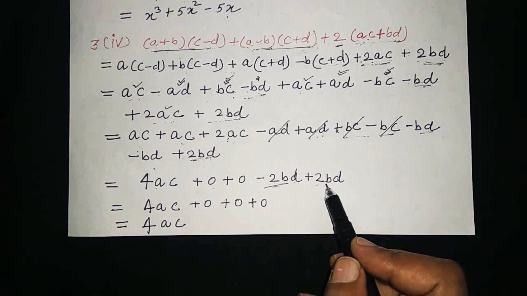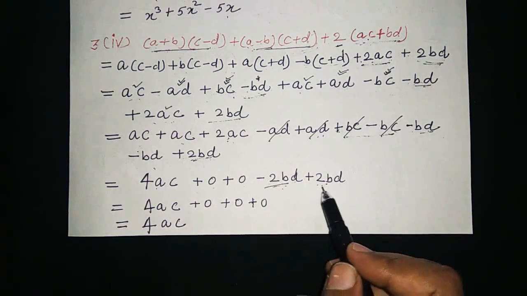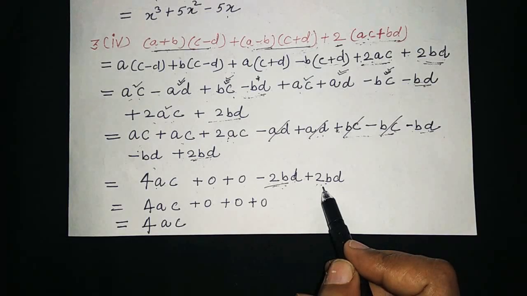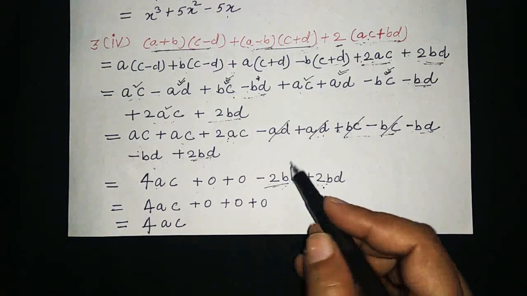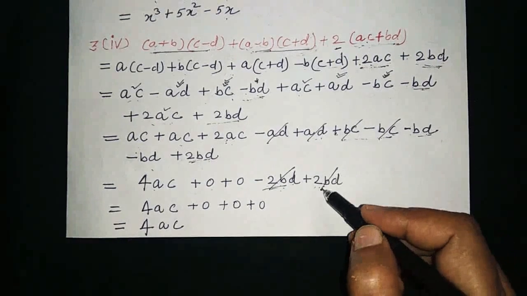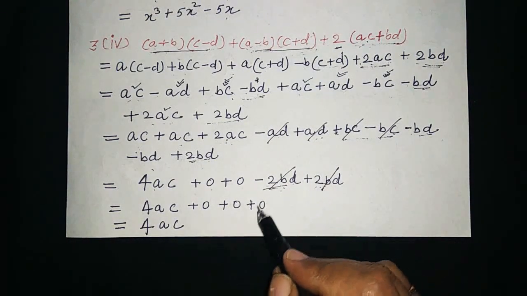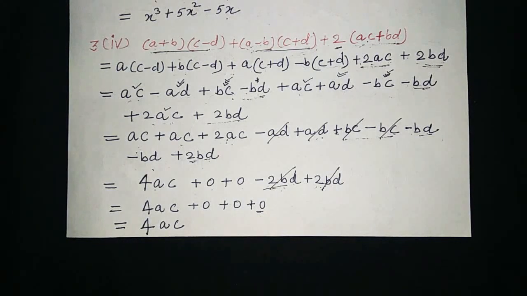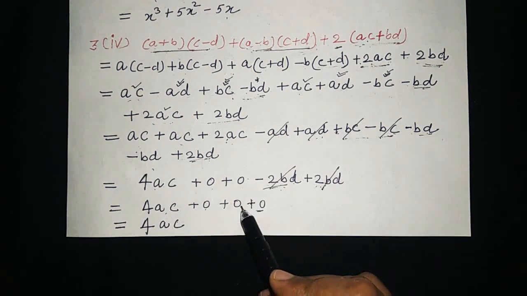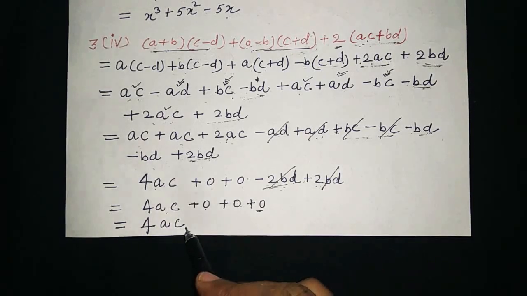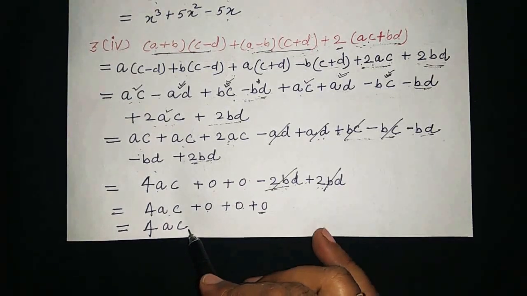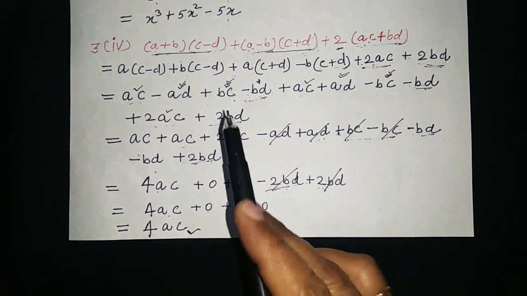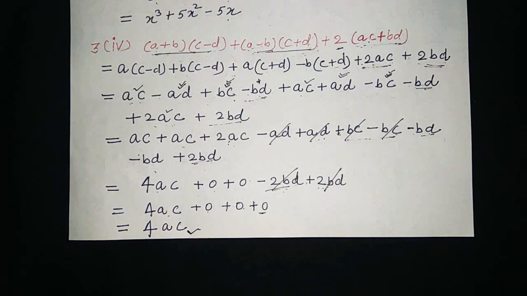Here these both are like terms, so we can cancel them. For this minus 2bd plus 2bd we will write 0. Now here 4ac plus 0 plus 0 plus 0. So the result of simplification is 4ac.